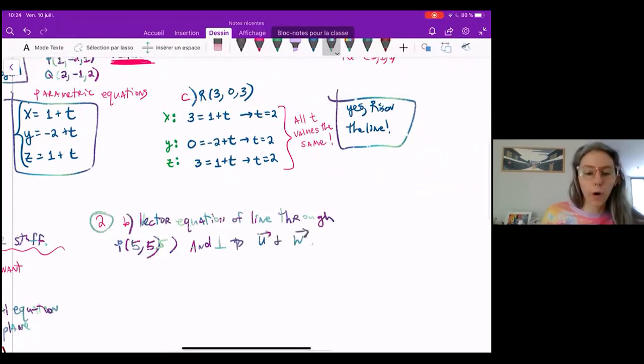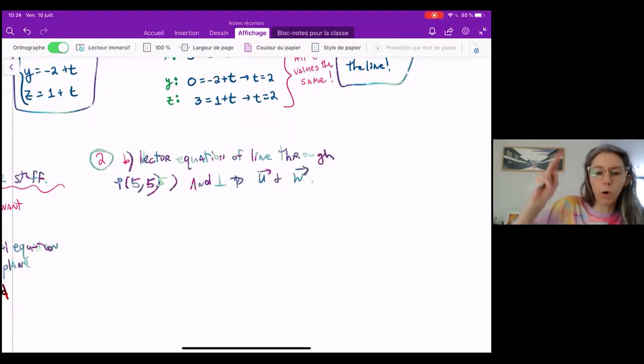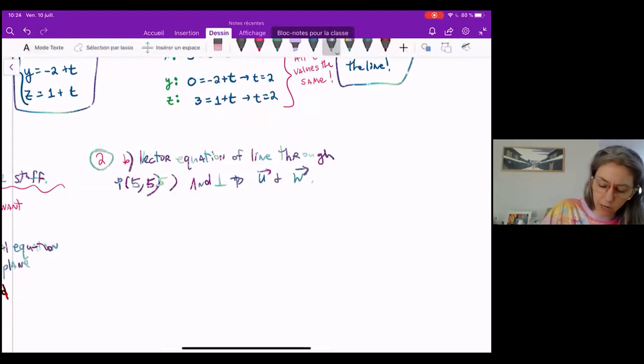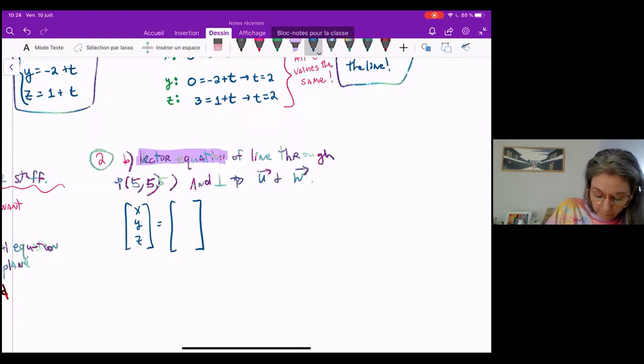Okay, so we're gonna start this off the same way. We're going to write our generic vector equation because what we want is a vector equation. So my vector equation will be XYZ is equal to some point plus T times some direction vector.